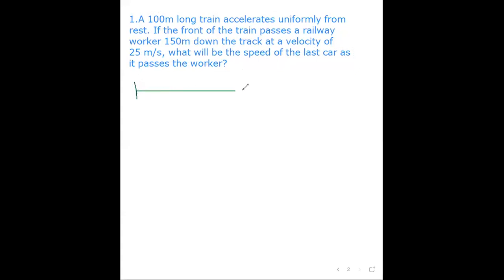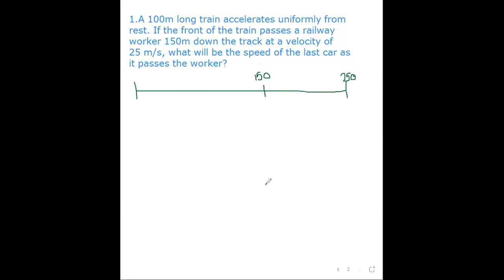We'll start by drawing a diagram of what's happening. So we have this train. We know it's 100 meters, so 150 would be around here, and then an extra 100 meters makes that 250.